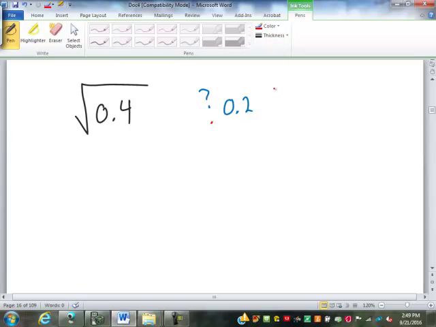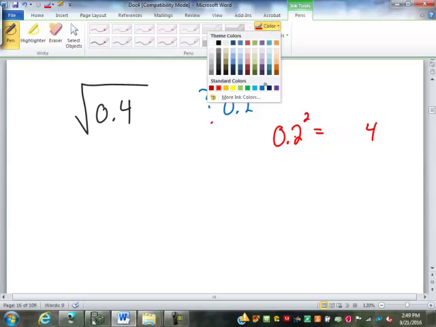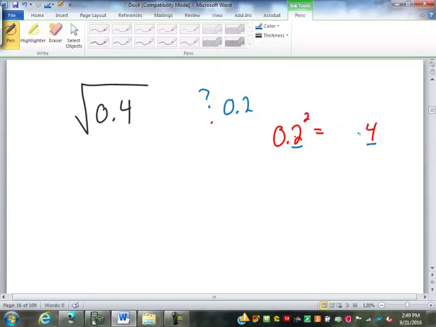But if I square 0.2, 2 times 2 is 4, and I have to have 2 decimal places. So 0.2 squared has to be 0.04, and not 0.4. When we square root it, if it's going to work out evenly, it'll cut the decimal places in half. The square root of 0.04 would become 0.2, half as many decimal places.